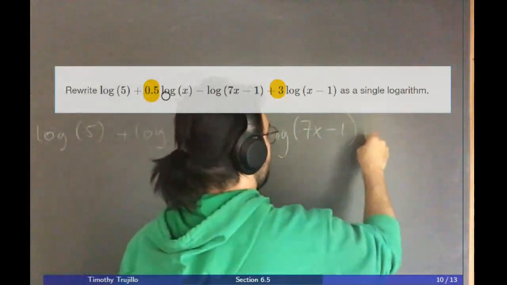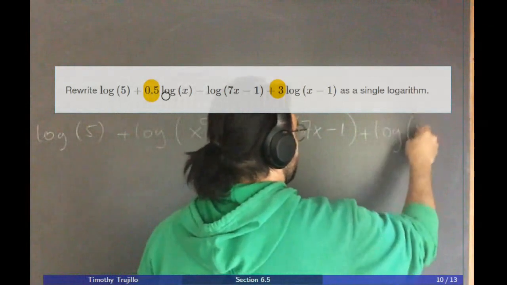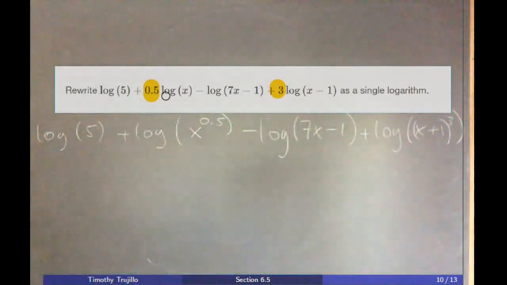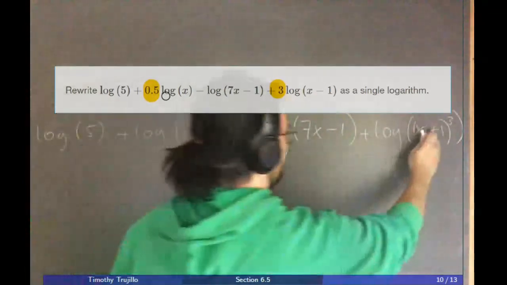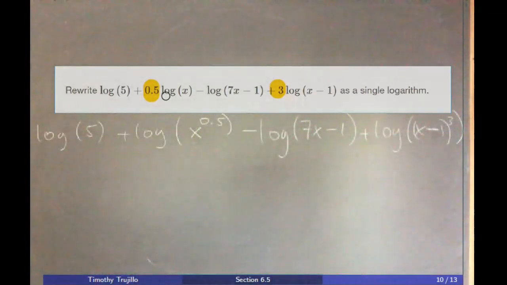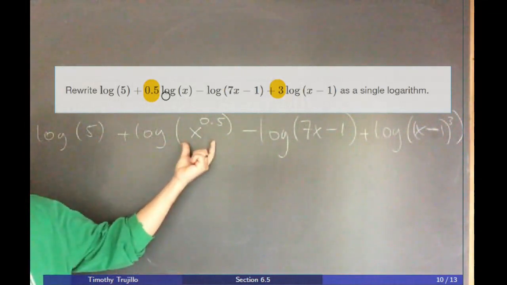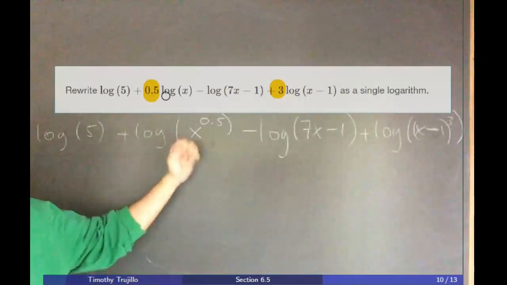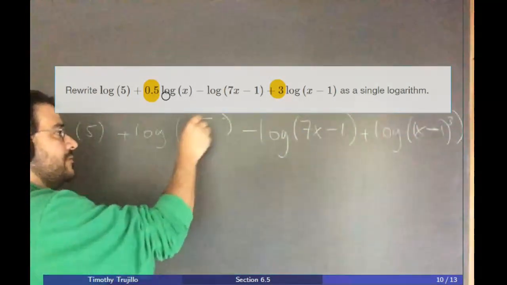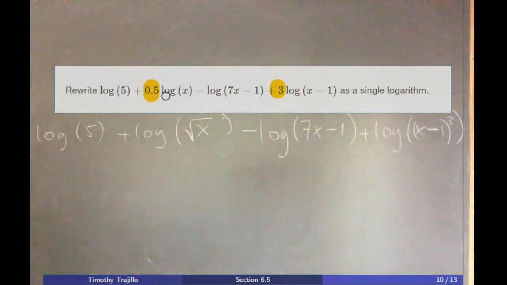We're going to bring it and write that as the log of x minus 1 all raised to the power of 3. Okay, and what I was saying before is that this x to the 0.5 is really the same thing as x to the 1/2, and x to the 1/2 is really the square root of x.